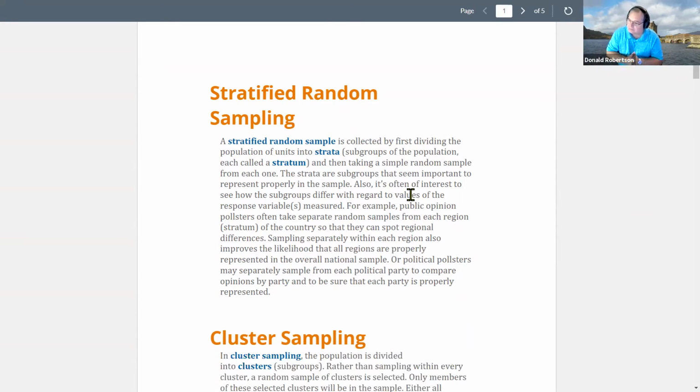That's my population of interest, because I want to know who you're going to vote for in the next election. Or let's suppose, to make it easier, I want to know if you're going to vote in the next election, not who you're voting for, just are you going to do it? And so you could simply take a simple random sample of 2,000 Americans, and that is perfectly fine.